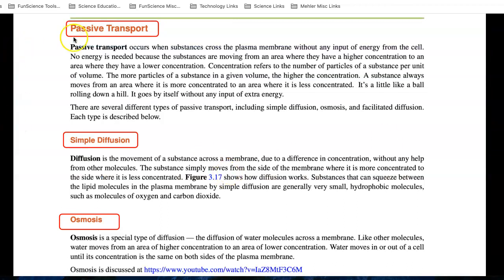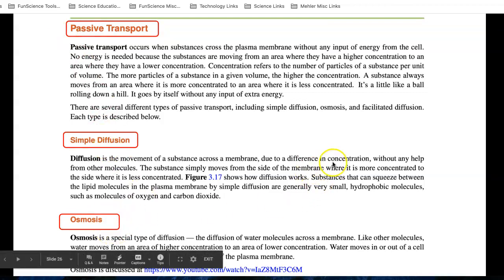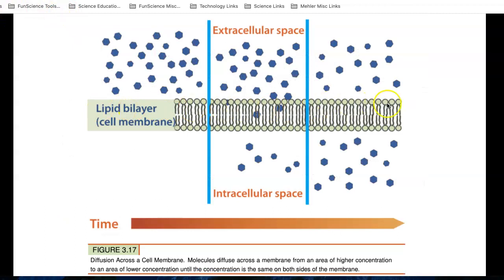So here's the page that talks about what passive transport is, what simple diffusion is, and what osmosis is. Osmosis is diffusion, but it's diffusion of water molecules. So make sure you read this page right here. In this diagram, this represents the cell membrane or the plasma membrane.